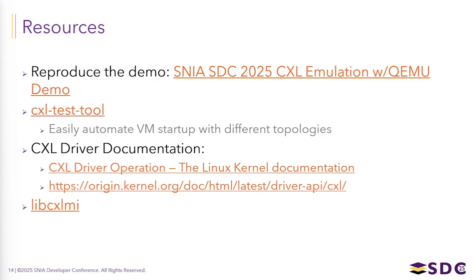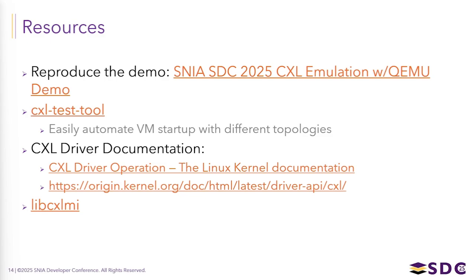I've also included a link to CXL Test Tool, which is extremely useful if you are wanting to do more development in this area, with helping you set up your environment correctly and easily managing and starting VMs with different topologies. It includes a set of pre-configured topologies that you can use and a number of scripts to help you do things such as, if you remember from the demo, configuring the MCTP endpoints and helping you load the right modules.